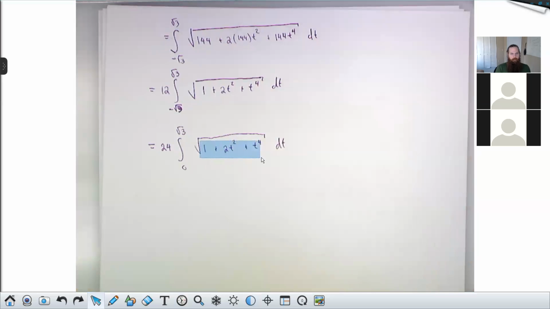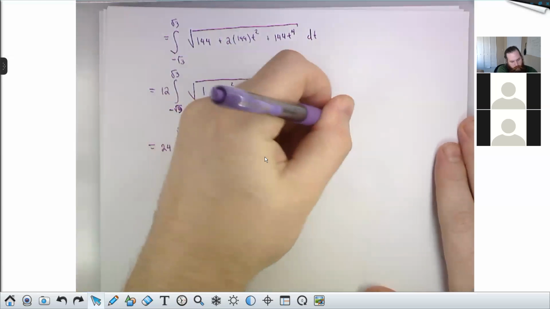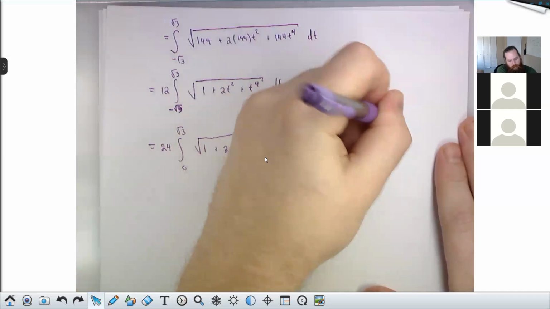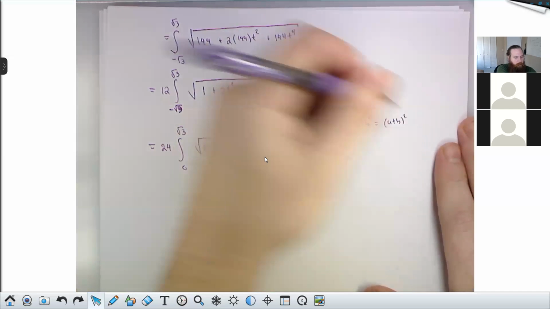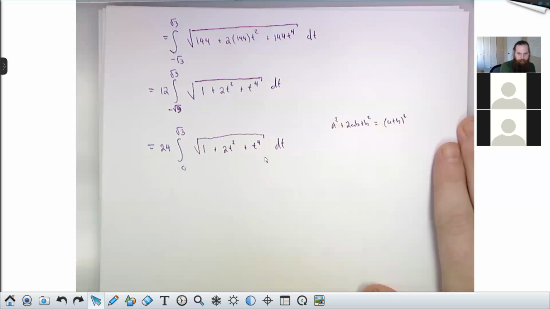Does anybody see a way to factor this? Good, it's 1 plus t squared quantity squared. A squared plus 2ab plus b squared is a plus b squared. So this is 1 plus t squared, squared.